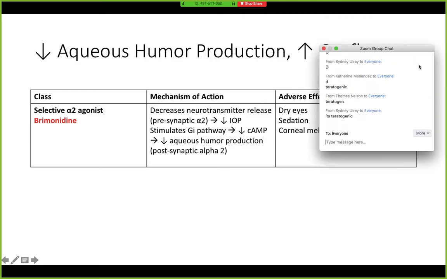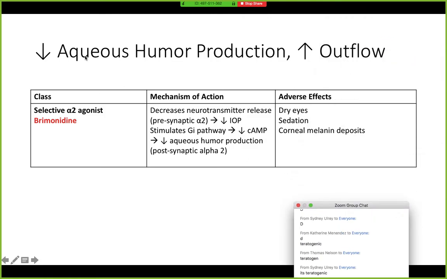All right, and then finally, the one that is decreasing aqueous humor production and increasing outflow. This is brimonidine. And it can do two things. So either pre or postsynaptic alpha-2 activation, decreasing the intraocular pressure or decreasing aqueous humor production.